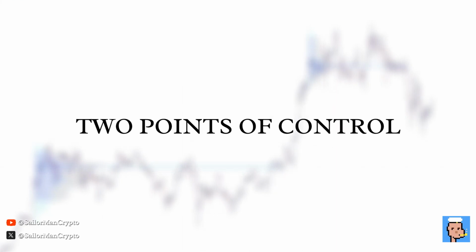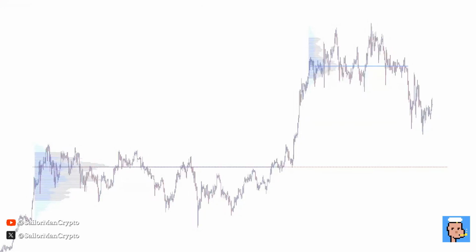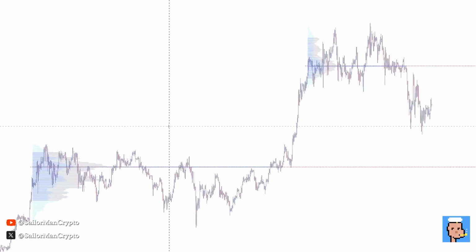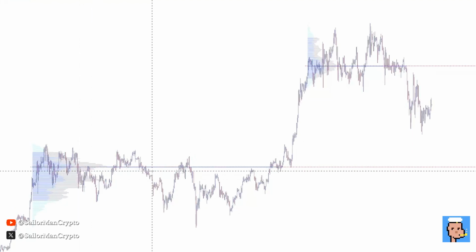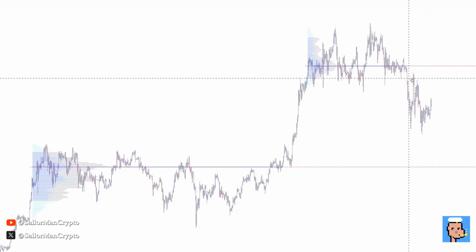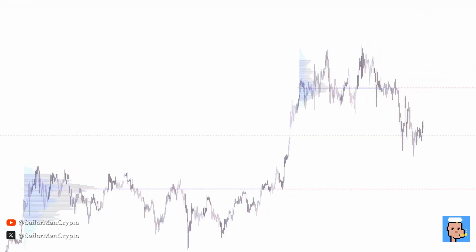points of control. These 2 points of control could potentially in the future become support or resistance levels. Why? Because these were the most traded levels of these two consolidations. So since they were very reliable support and resistance levels, very traded and very exchanged, not just in terms of time and times it was exchanged, but in terms of volume, these two levels in the future could become support and resistance.